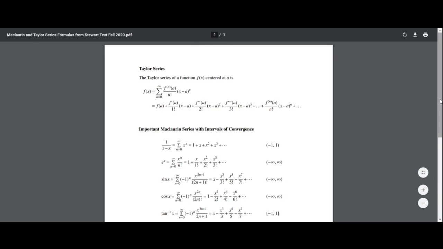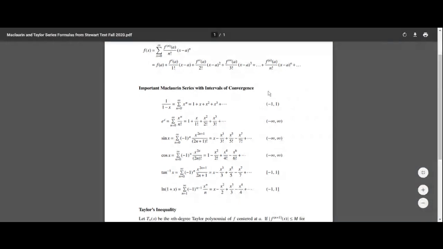In your homework for section 8.7, you'll have problems where you have to find the Maclaurin series or the Taylor series. The functions in those problems wouldn't necessarily fall in this nice table, but the table contains the most common functions used in mathematics, which is why it comes from your textbook.